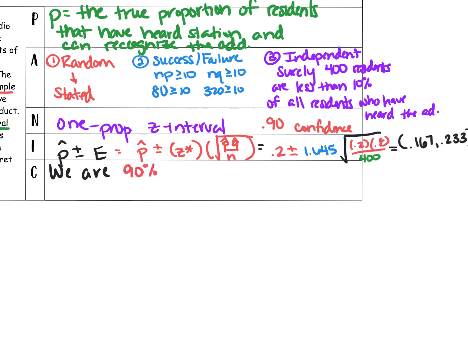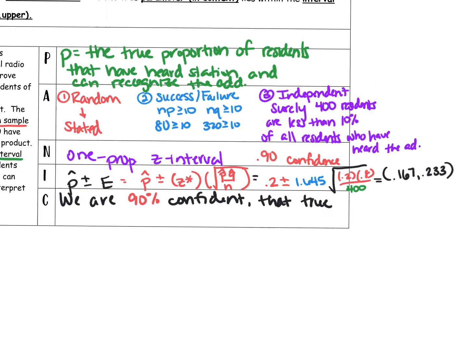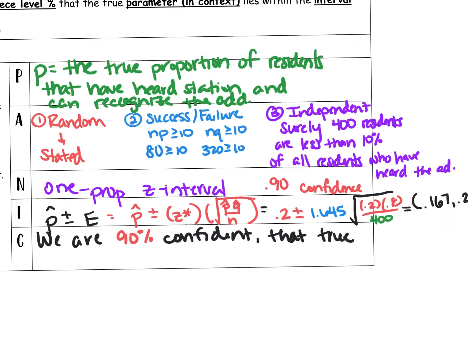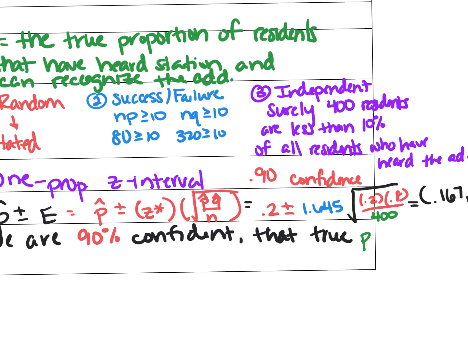We are 90% confident that the true P, because we've defined our parameter up here for P, which stands for the true proportion of residents that have heard the station and can recognize the ad, lies in the interval from 0.167 to 0.233.